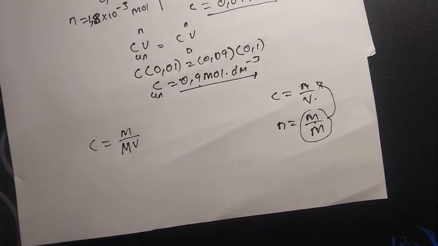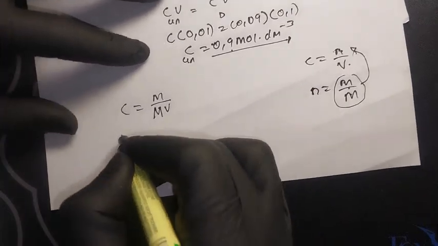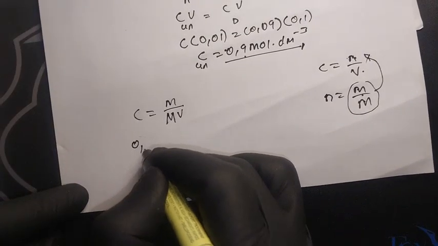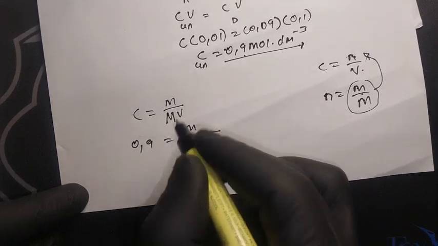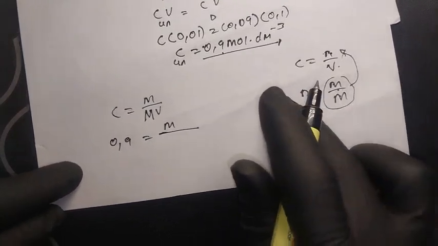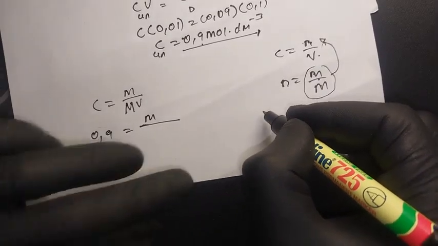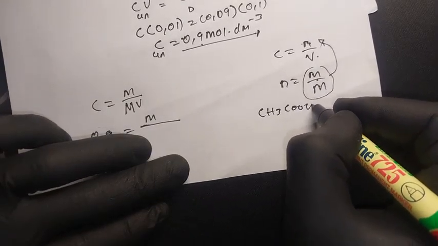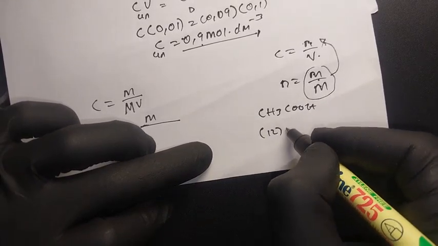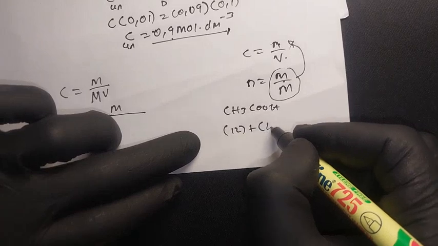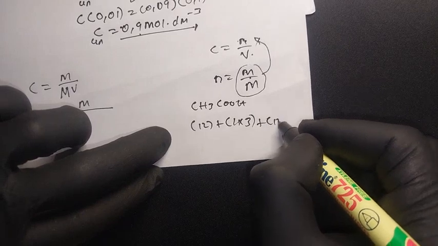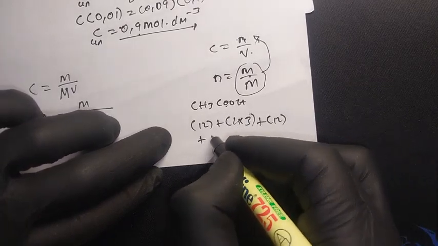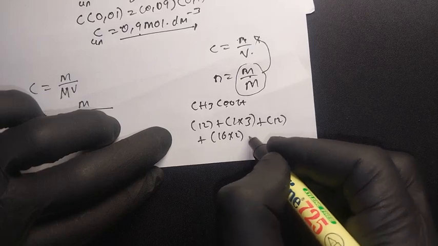The concentration of the undiluted, we've calculated, is 0.9. We are looking for the mass over the molar mass of ethanoic acid. The molar mass of ethanoic acid, CH3COOH: carbon is 12, plus hydrogen is 1 times 3, plus carbon is 12, oxygen, there are 2 of them, so plus 16 times 2, plus 1.